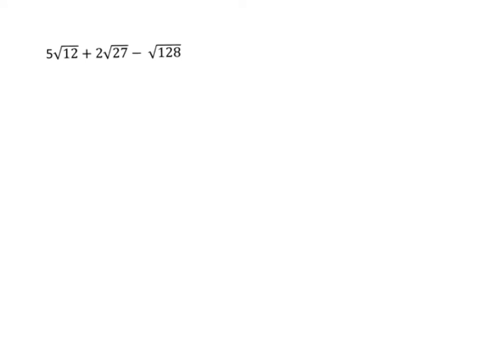Now, once again in this problem, it's a little bit more difficult because I'm asked to add and subtract some radicals. So, looking at them, none of my radicals are the same, so I know I can't simplify them right now. Let's see if I can simplify them down to have a similar radical. So, first I'm going to look at 5 square roots of 12.